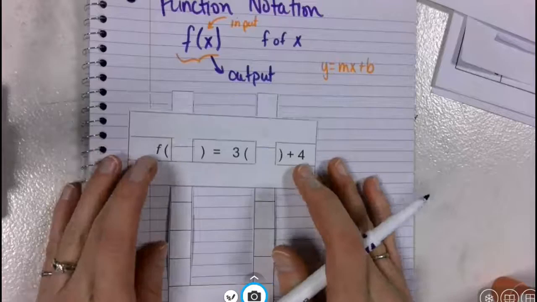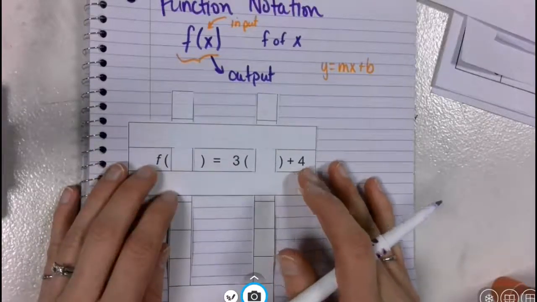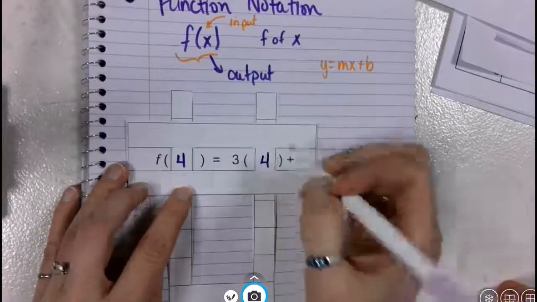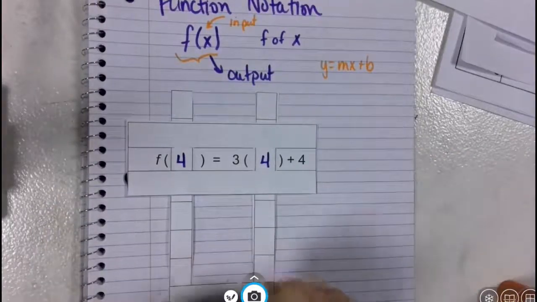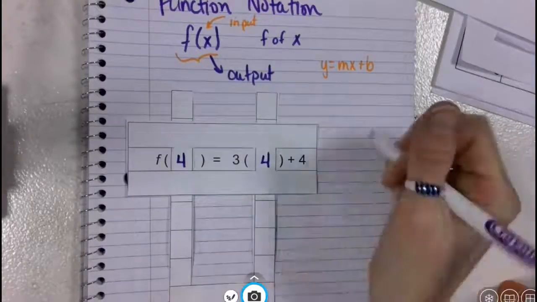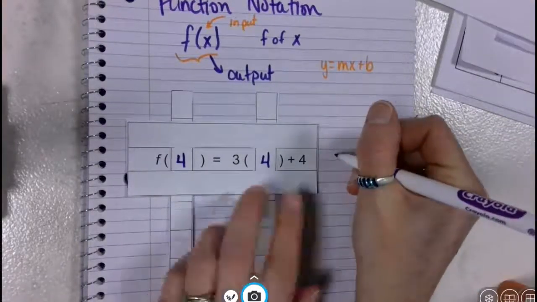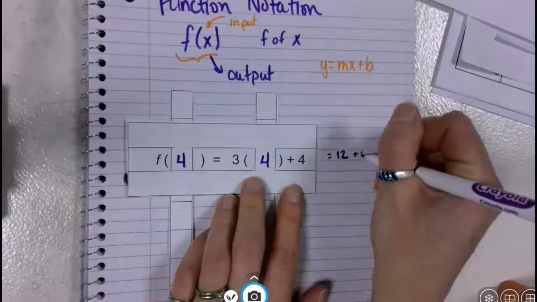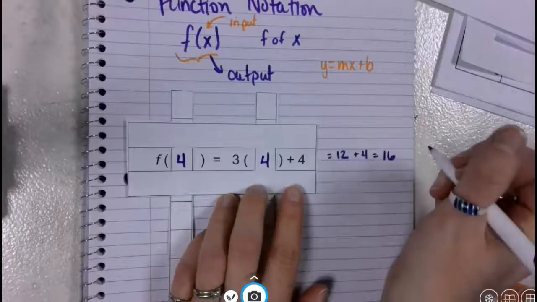So what that really means is if I slide this down, I would take f of 4, and that just means I plug in 4 anywhere I see an x in my equation, and I go ahead and solve it. So what that really turns it into is I now have 3 times 4, because I always want to multiply first, which means I have 12 plus 4, which equals 16.